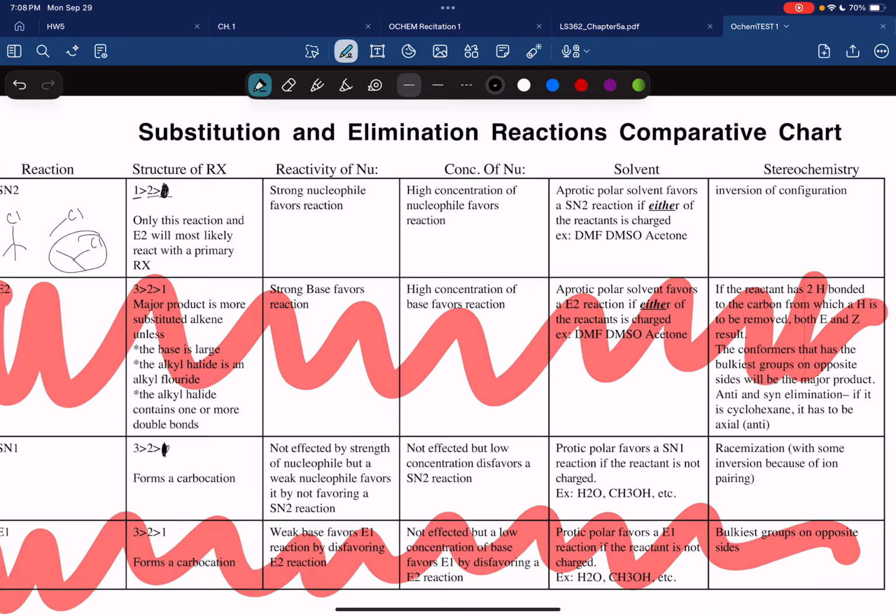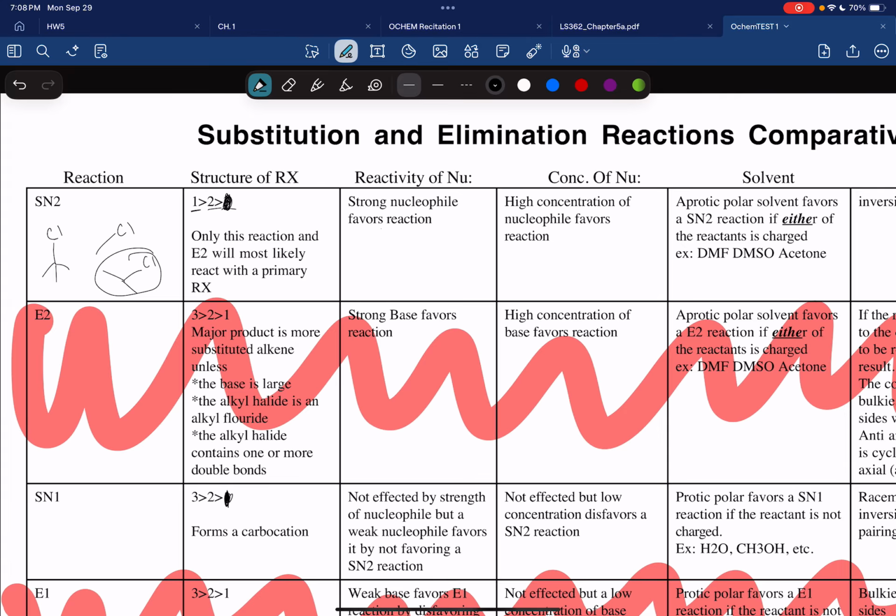If I go over to here, look at the reactivity of the nucleophile, a strong nucleophile favors SN2 reaction. So what makes a nucleophile strong? I also sent you an email with a little sheet about that. Typically a smaller negatively charged nucleophile is a strong nucleophile. So for instance, OH minus, pretty strong.